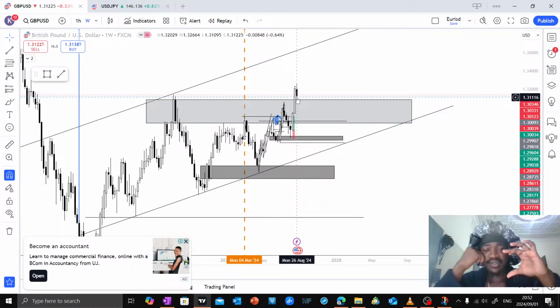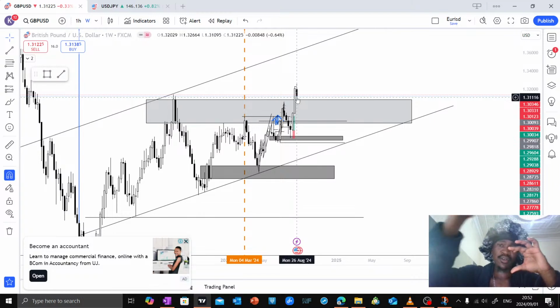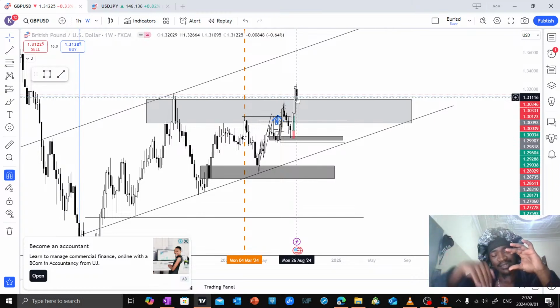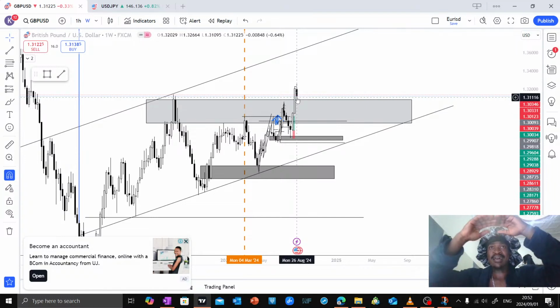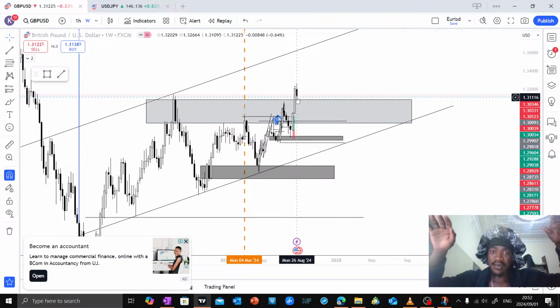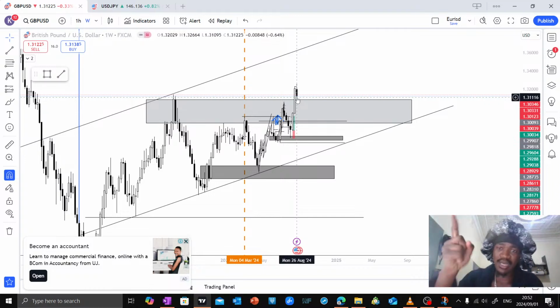Now, there's not enough conviction for the market to keep pushing up because you've already taken out the buy side liquidity, right? But if we're taking the sell side first and there's imbalance of buy side liquidity resting above, then the market has enough conviction to push to the upside.